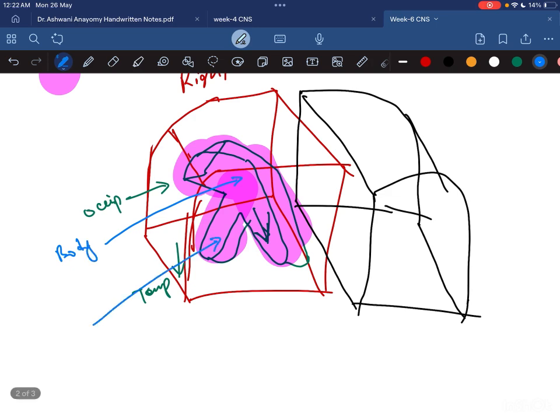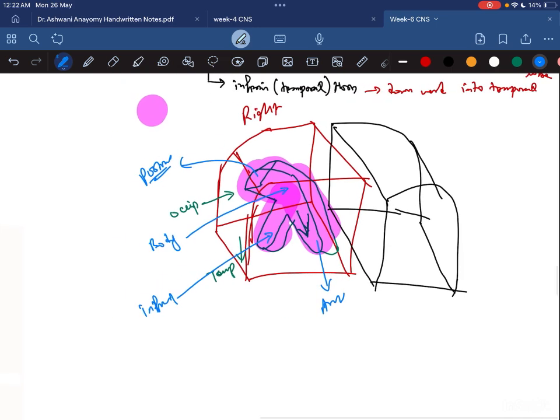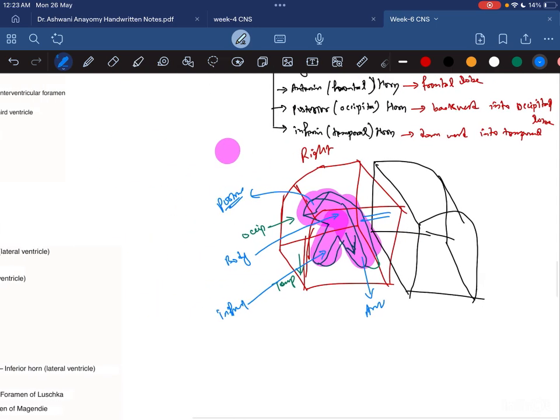This is known as the inferior horn, this is the anterior horn, and this is the posterior horn, and both the left and right are connected.